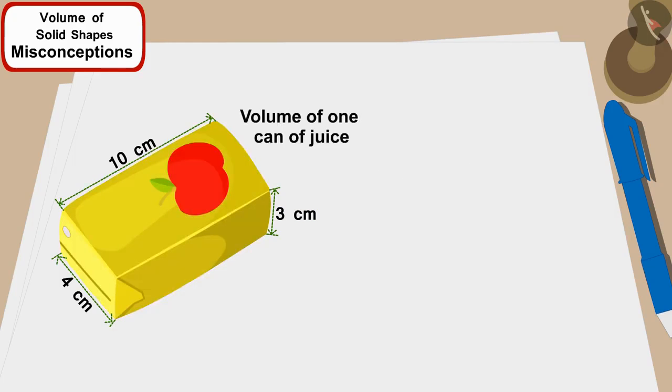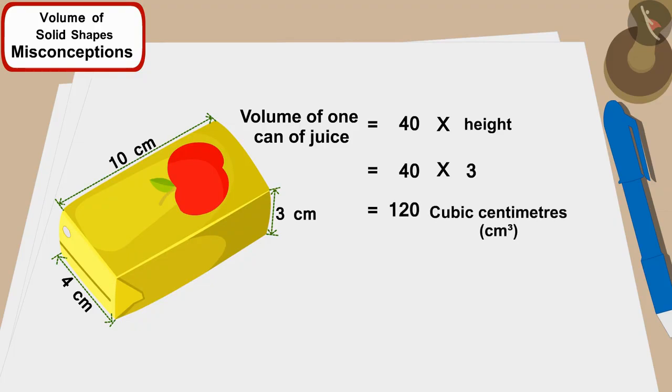This means the volume of one can of juice will be 40 multiplied by 3. That is 120 centimeters cubed. Tarru the frog explained to Appu and Bhola.